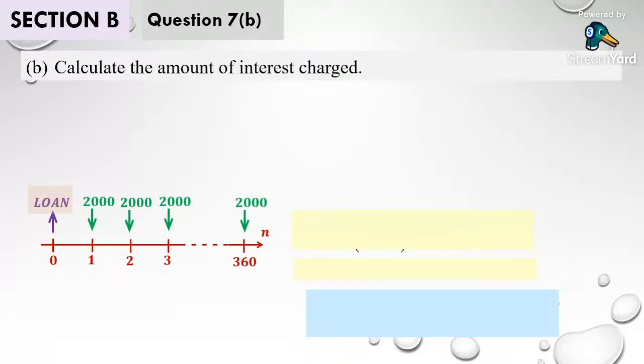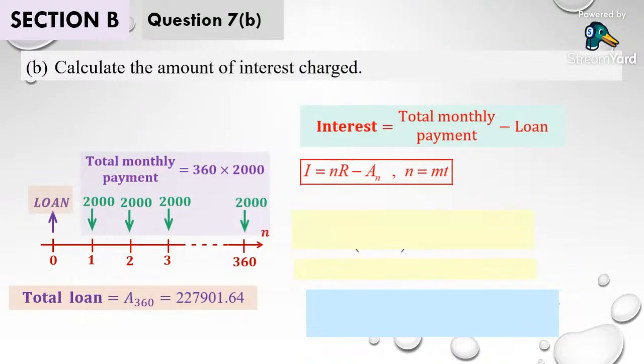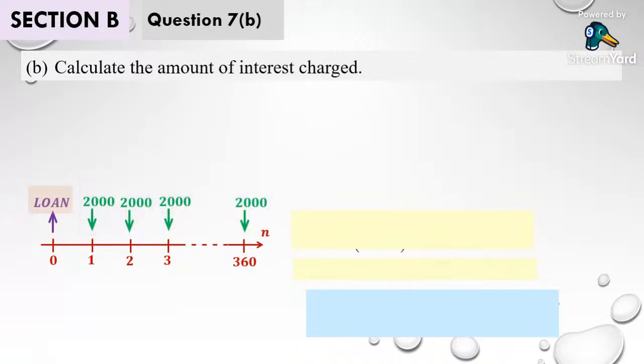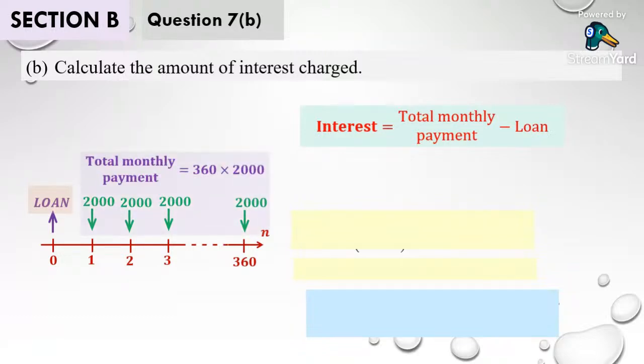So what is interest? Basically, interest is referred to the total monthly payments minus the loan amount. All the money you pay minus the money that you borrow, that will be the interest. And in here, the amount of money that pay is all the monthly payment, so in total, there is 360 monthly payments.